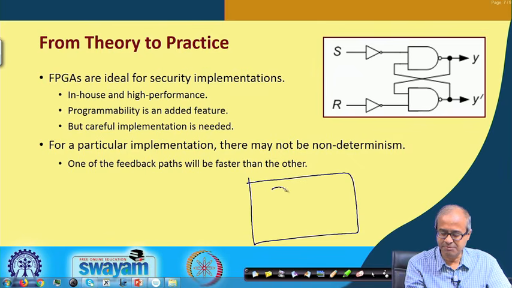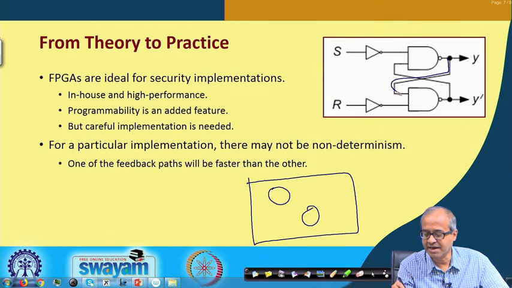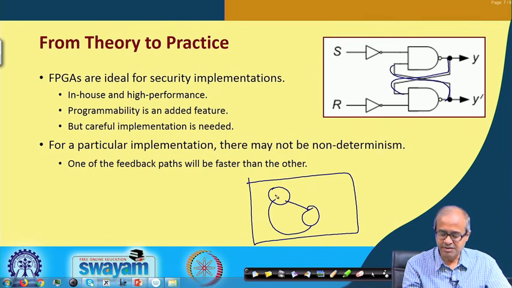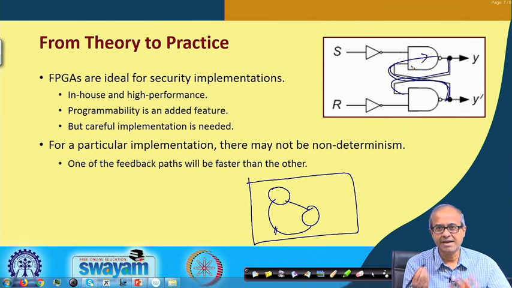Let us say one gate is placed here, one gate is placed here, and the lengths of these two interconnecting lines may not be the same. One interconnection may be longer, which means its delay will be longer. So that longer path can be the slower of the two, and the other path will be faster.